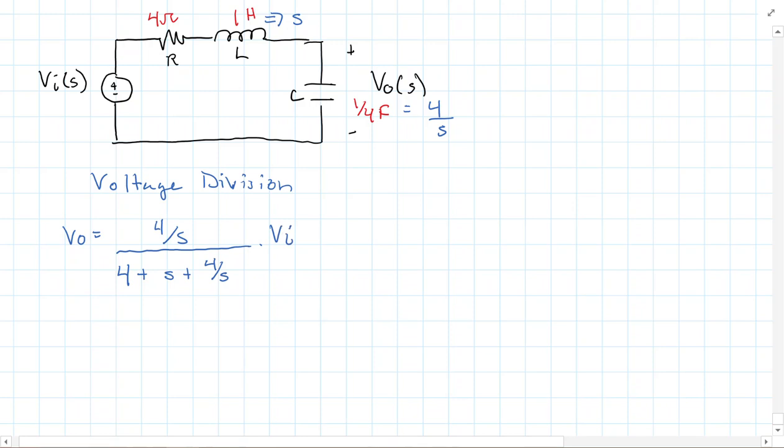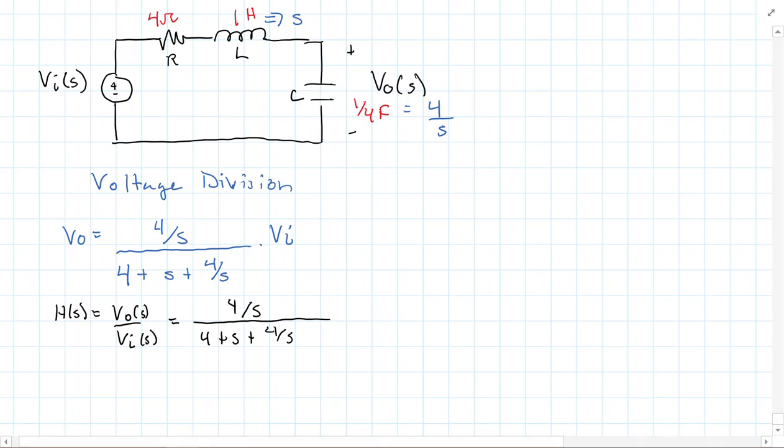And now when we have that here, we can see getting the transfer function is actually somewhat trivial, because to get the transfer function, we get V out over V in, because we just divide both sides by V in, and we get then that the transfer function is 4 over S over 4 plus S plus 4 over S.